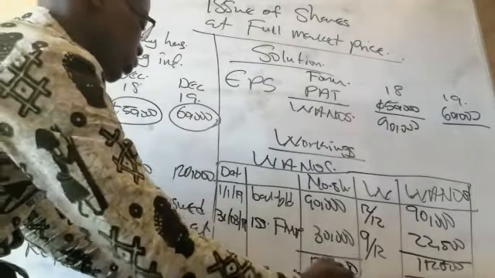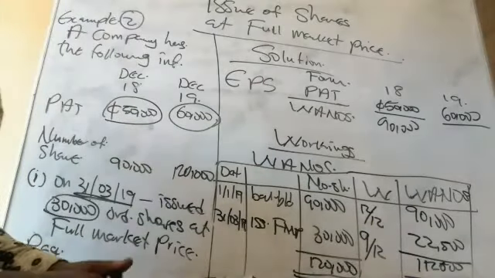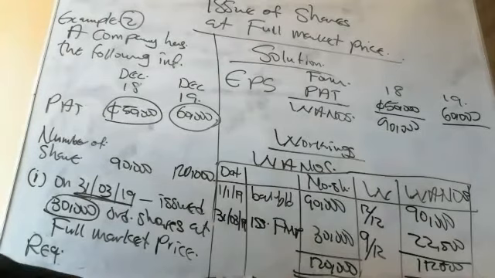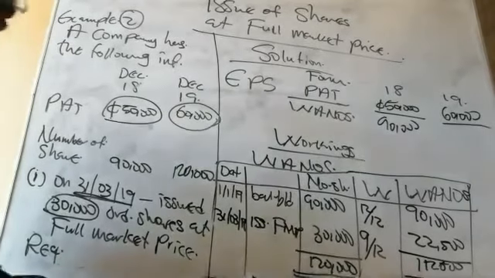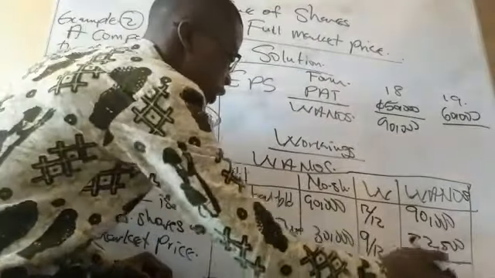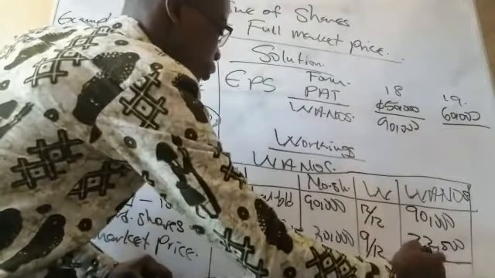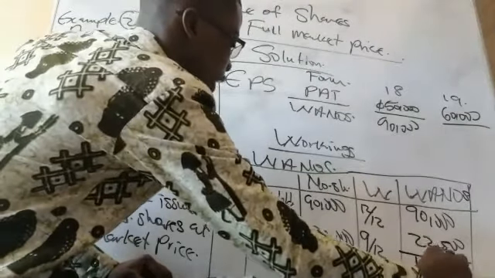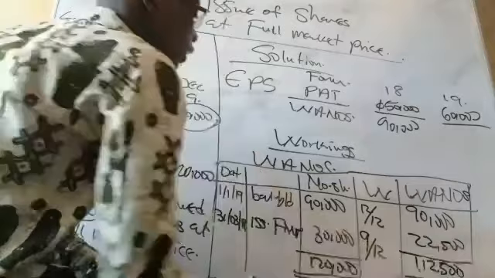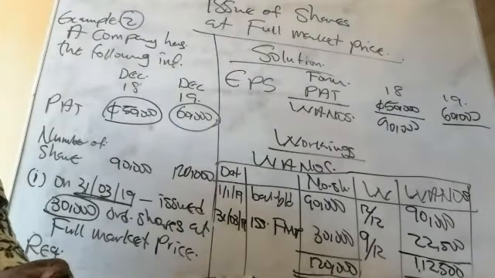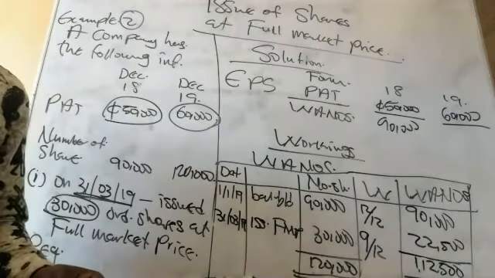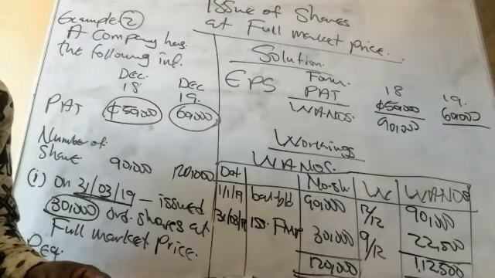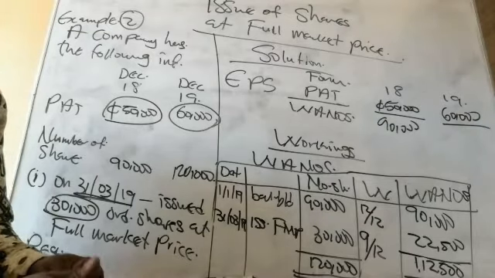That's the shares in issue. So therefore, the weighted average number of shares for 2019 will be 112,500. Basically, that is it.